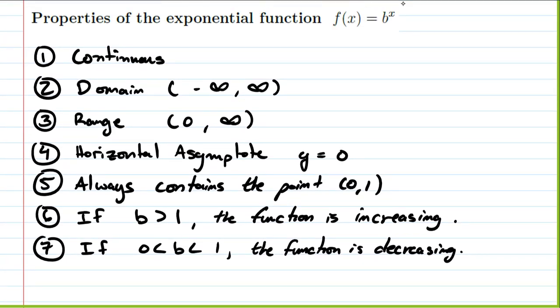So these properties are taken as facts. We can use them and quote them as such. So if we're ever asked what the domain is, it's minus infinity to infinity. The range is 0 to infinity. But notice that only applies to this. In terms of what we've talked about before, this is our parent function.